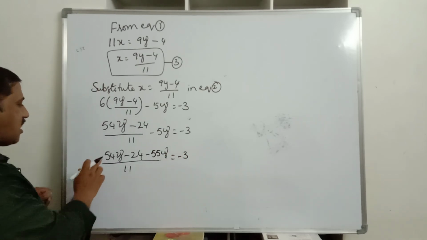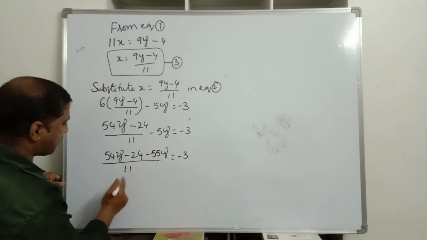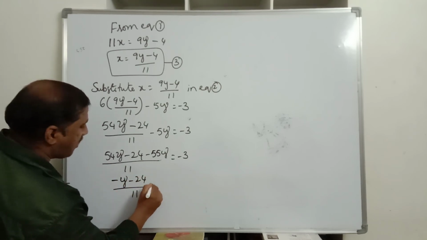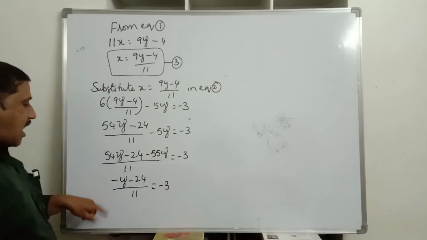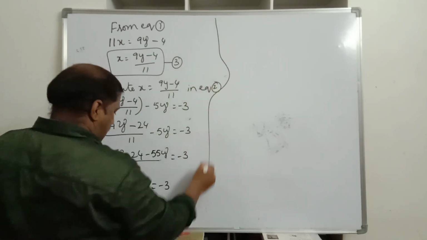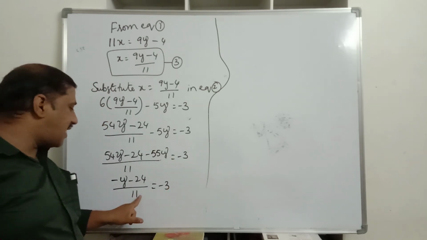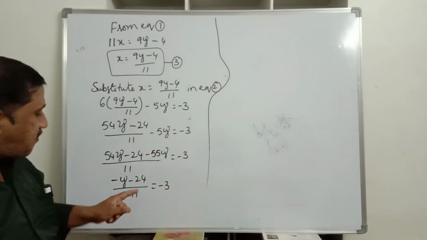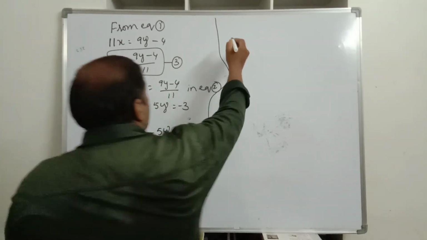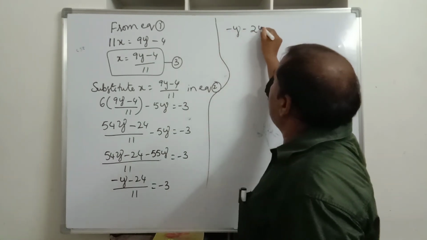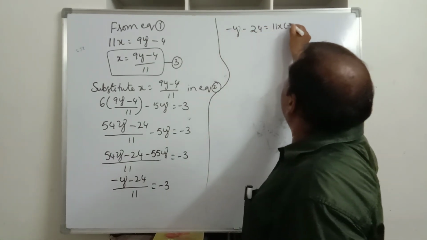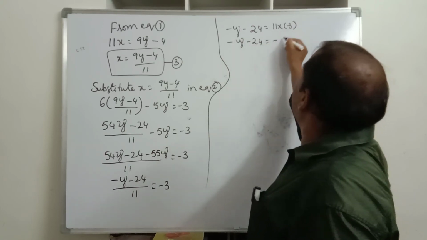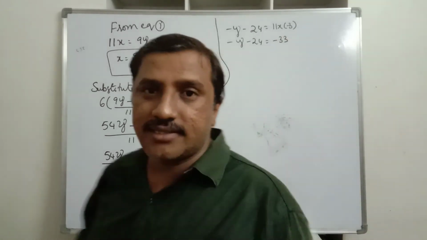Now simplify here. 54y minus 55y is equal to minus y, minus 24 divided by 11, that is equal to minus 3. Again by cross multiplication, or transposing 11 to the RHS, here it is dividing, therefore it multiplies. 11 into minus 3 is minus 33, therefore minus y minus 24 is equal to minus 33.